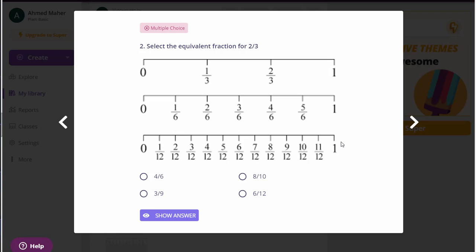And the same way, 2/3 is equivalent to 4 sectors. As you can see here, this is 2/3 and 4 sectors down here. Okay? Any problems? Okay, let's move to the next question.